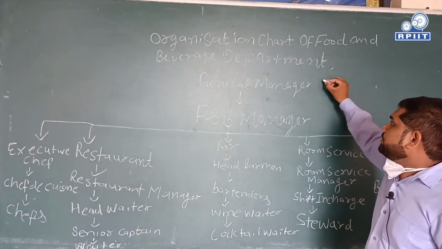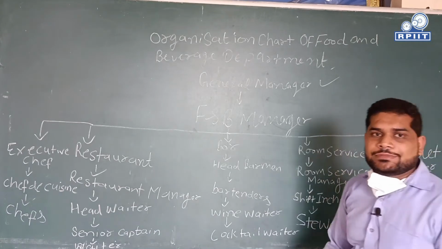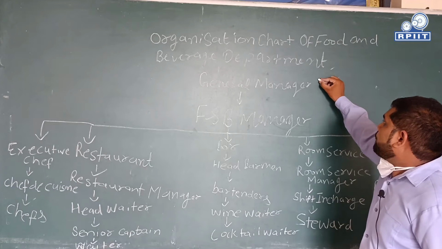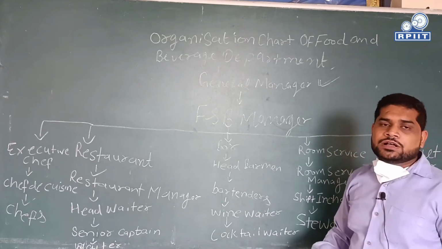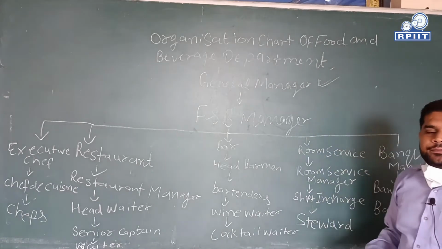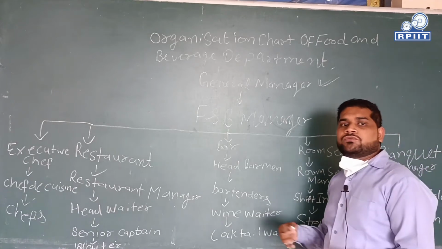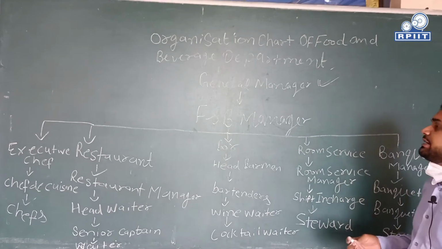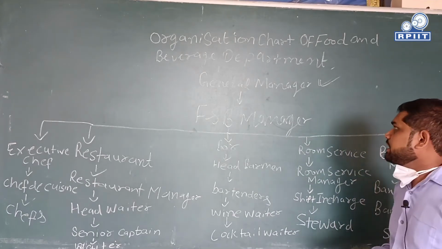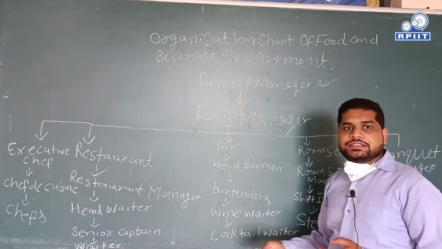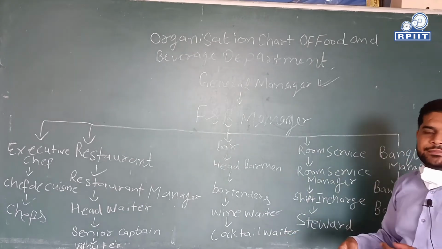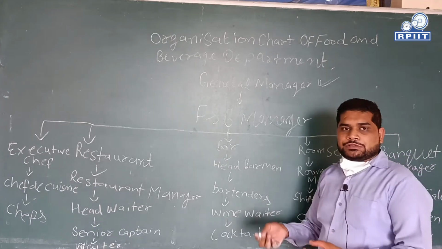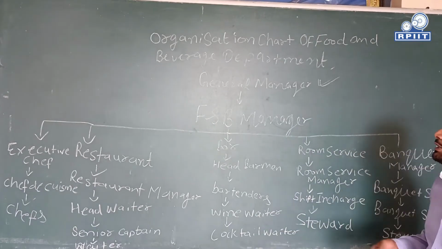The general manager is the person who manages all the departments of the hotel. Controlling, planning and directing are all done by the general manager. The general manager can hold meetings from time to time. They can guide the staff and the managers, and meet with lower level staff in a month.